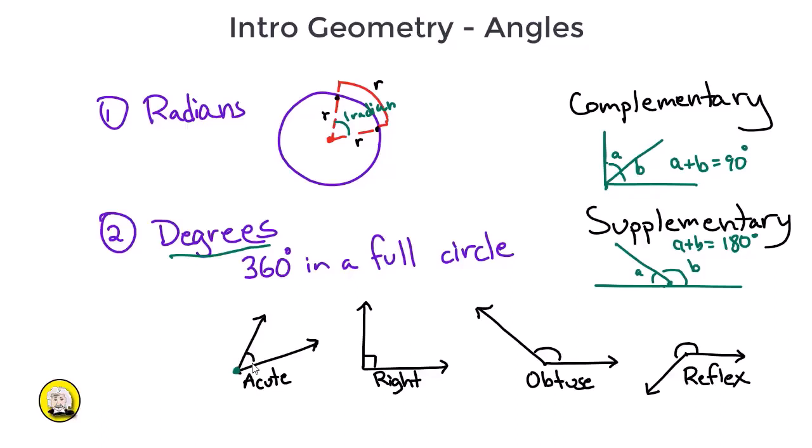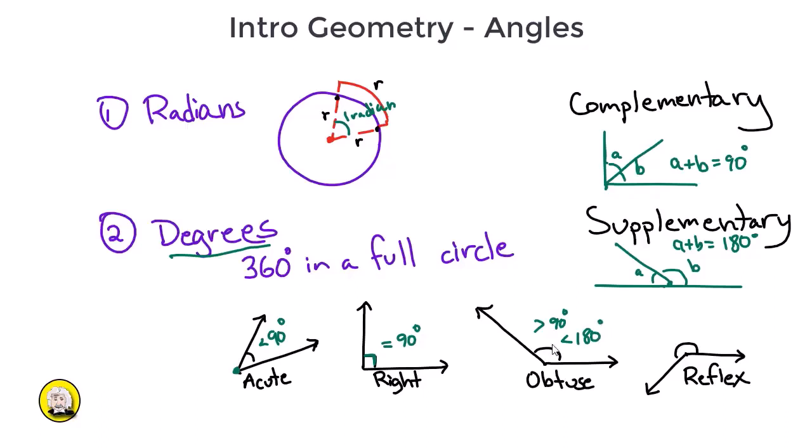An acute angle, shown on the left, is less than 90 degrees. A right angle equals 90 degrees, and that's denoted by the little square on the angle. An obtuse angle is greater than 90 degrees, but it's also less than 180 degrees.